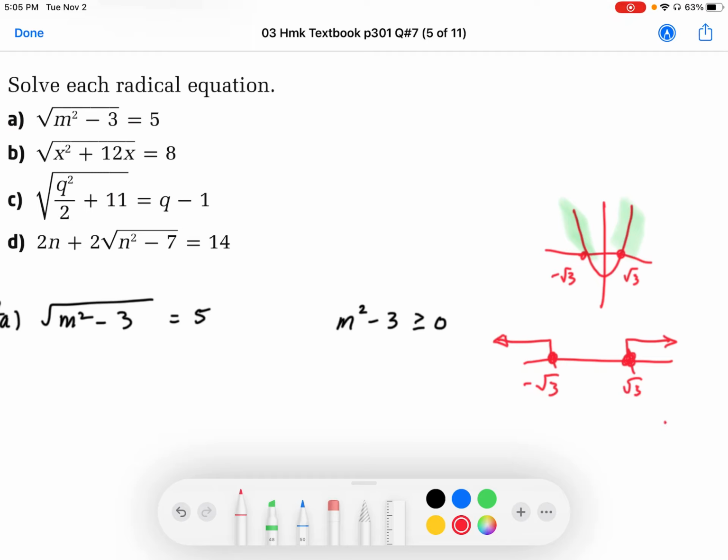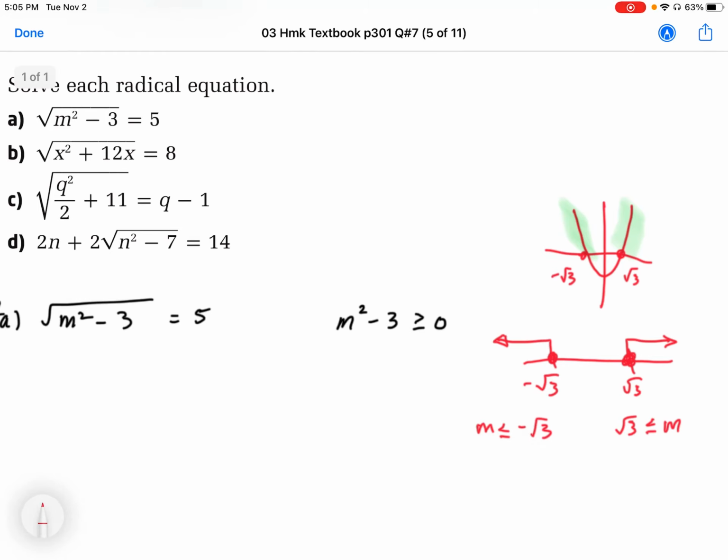We can also express this as m is greater than or equal to root 3, or m is less than or equal to negative root 3. This, in red, is a comprehensive way of showing the restrictions. If you want to show a basic restriction, we can just stick with m squared minus 3 is greater than or equal to 0, indicating that the expression under the radical must be non-negative.